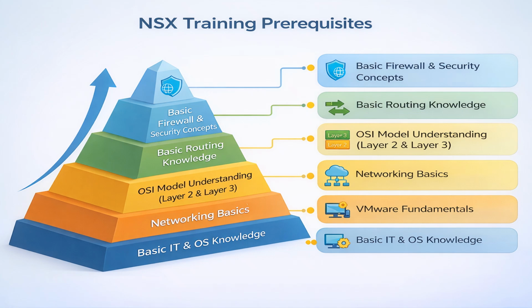So some basic knowledge about firewall and security will help us. In that same firewall area, you should understand allow and deny rules, which will make NSX security topics much easier to learn. All of this together forms the foundation. Once this foundation is in place, NSX 4.x becomes much easier to learn and understand. And don't worry, during the training, we will refresh these concepts wherever required if you don't have enough knowledge on it.